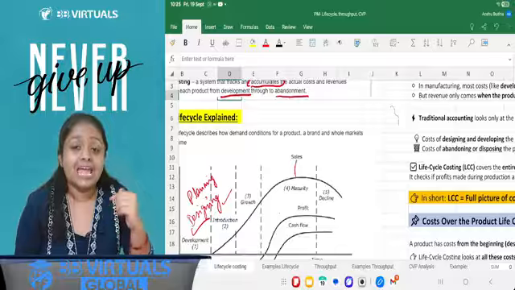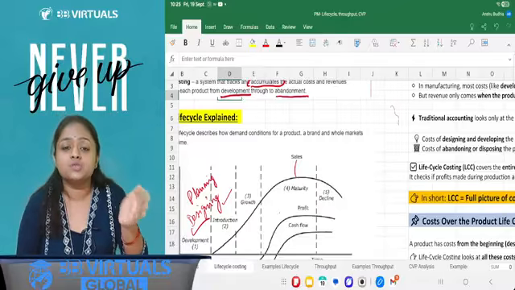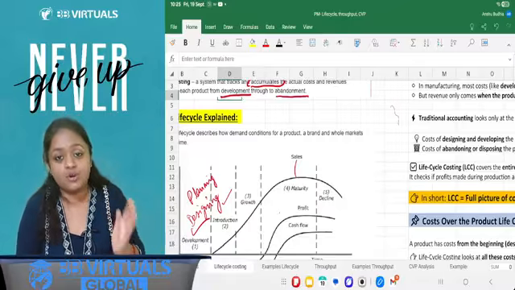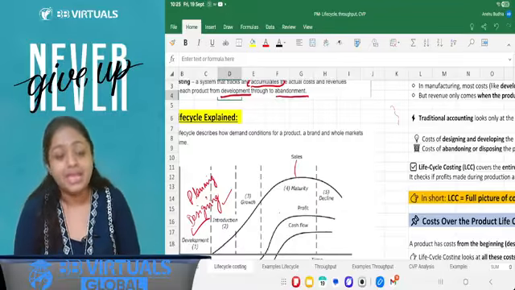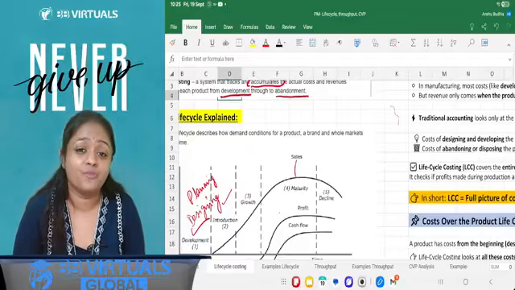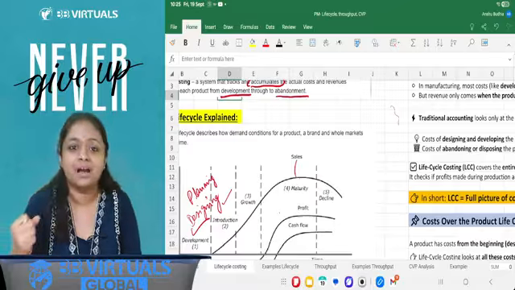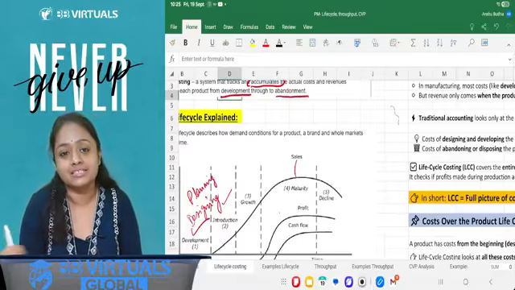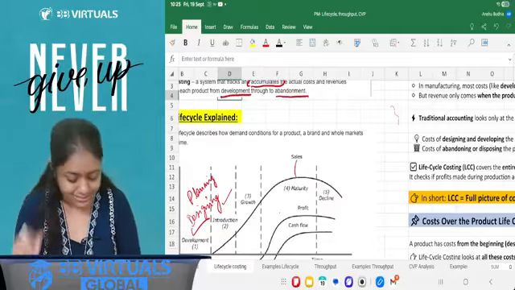Or second is entering the market at a very high price, because we want to maintain our quality and we want to maintain our prestige point. iPhone is the biggest example here, and Jio is the biggest example for entering into the market at a lower price, grabbing the market share, and then increasing the market price, right? So I think the best I can give you is the Jio example.